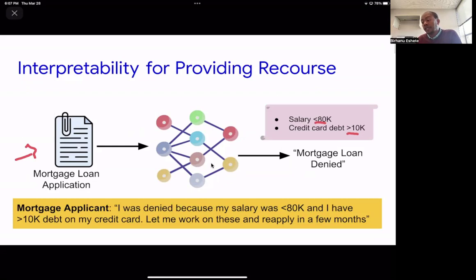So this might be a good outcome, even though the outcome at the moment is undesired for the customer or the applicant. It could be a good recourse for the applicant to use this as a feedback mechanism and work on their finances.